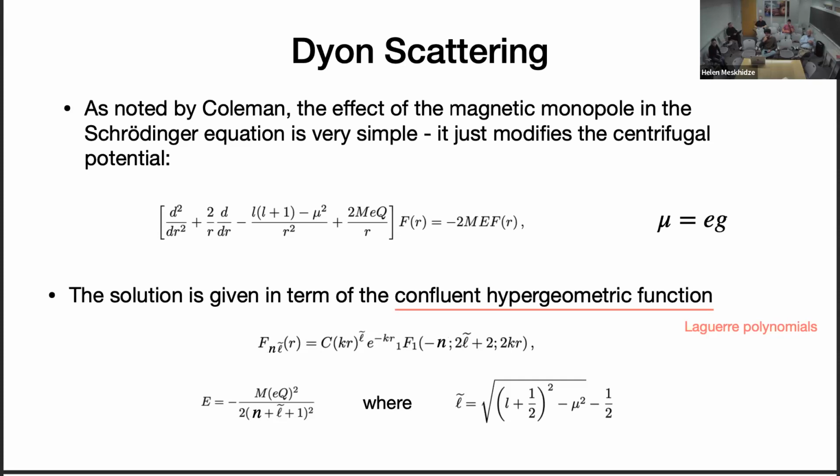And the spectrum is quantized, and here this quantity, which is usually called in the literature L theta, in terms of the angular momentum, and this quantity mu, which is E times G, appears all over the place in this kind of problems of monopole scattering. And this quantity L theta, just as a side comment, controls the scattering amplitude.